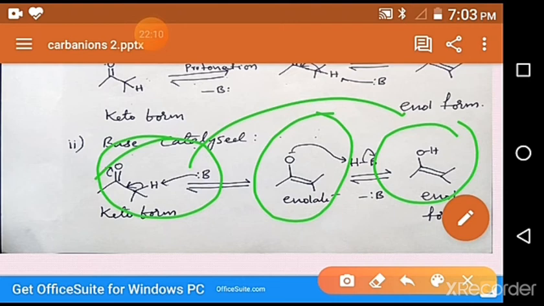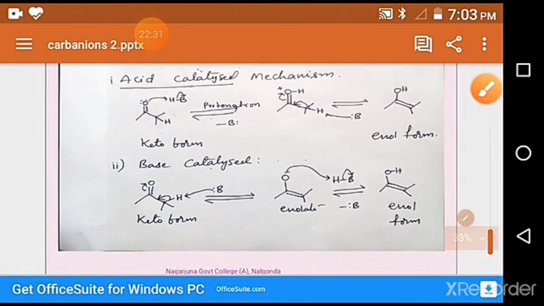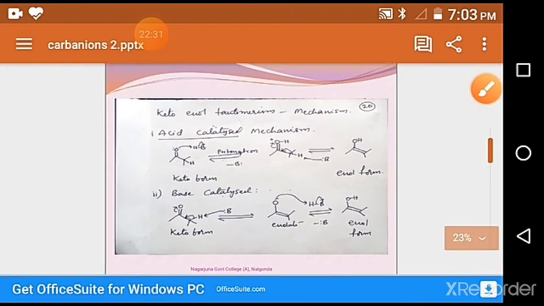In many compounds, this enolate ion is more stable. It is isolated, it is separated. So this enolate is very important in organic reactions. Using this enolate ion, there are so many synthetic conversions in organic chemistry. Okay, this is the acid and base catalyzed mechanism of carbonyl compound tautomerism.